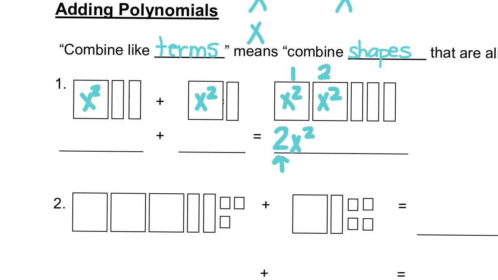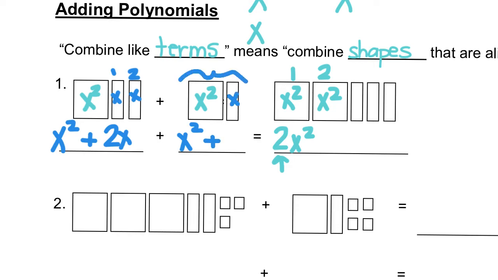Let's look at the x's. So we would write this first term as x squared. Added to that would be 2x's because there's 2 of them. In the second polynomial, we have x squared plus 1x.